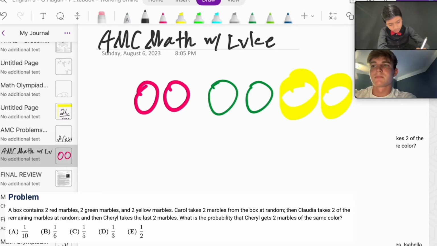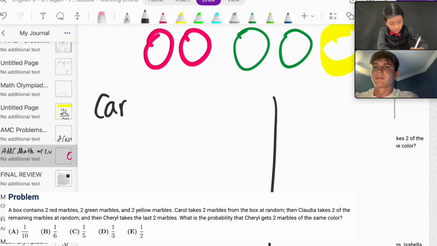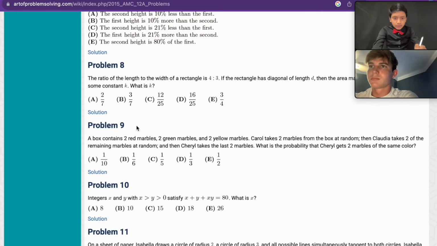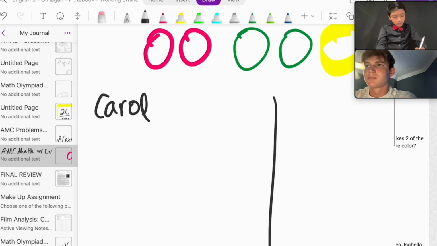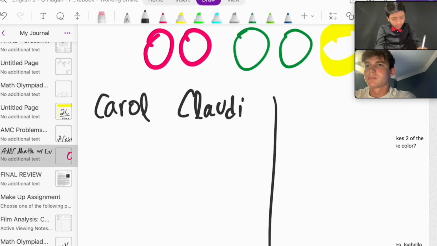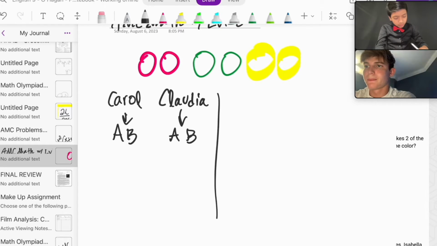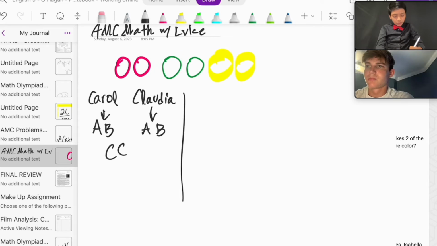So I think this is mostly a casework problem. So in case 1, what were their names again? I don't even remember. Carol and Claudia. Okay, so case 1, Carol takes 2 different marbles, and Claudia takes the 2 other different marbles, leaving 2 marbles of the same color for Cheryl.